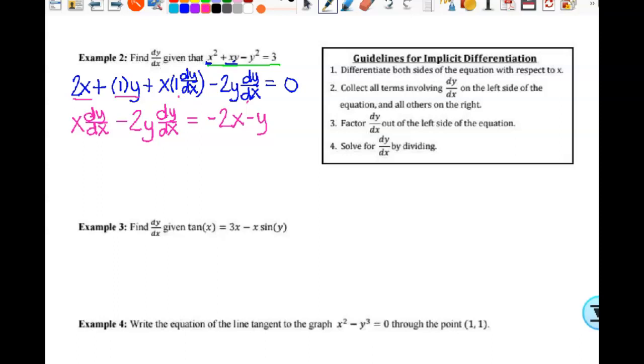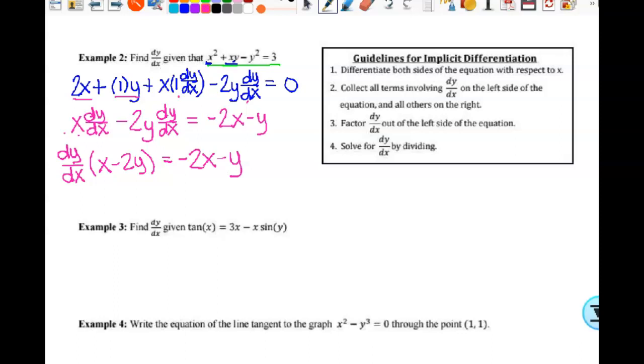Let me rephrase that. It's not necessarily always the GCF. Like if there was a 2 here, I wouldn't need to factor that out. I'm going to factor out the dy/dx. That's what I should have said. So dy/dx gets factored out. That leaves me with x minus 2y, and that equals negative 2x minus y.